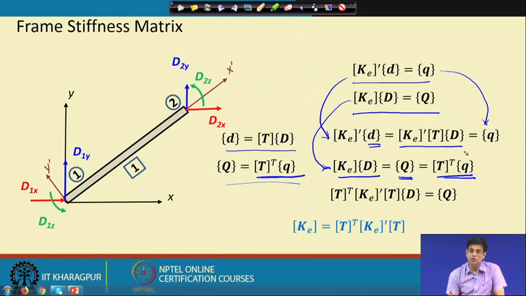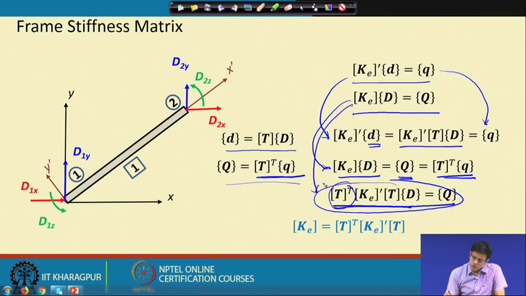T transpose inverse is actually the transpose for this case, because the inverse is the transpose. So, if I compare these two equations, this is the final equation that we obtain: T transpose K E prime T D is equal to Q. Now, if I compare this equation with the global equation, the right hand side becomes Q and this becomes D.